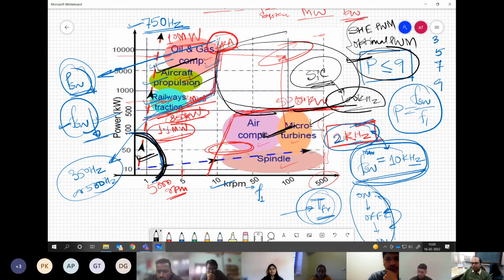And in fact, in a quest to increase the power density, this is further extending. This is also further extending. So the need for this PWM may not end so soon. It may be there for a very long time. You understand the point?